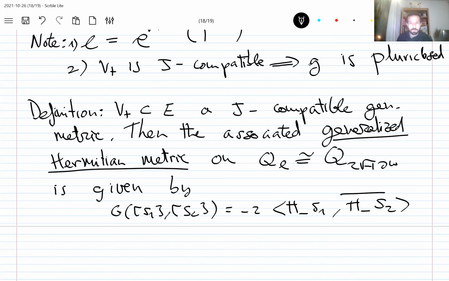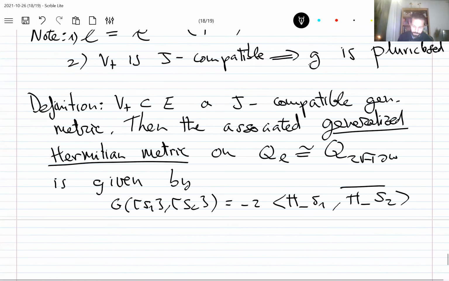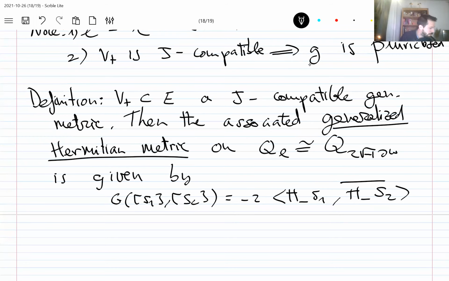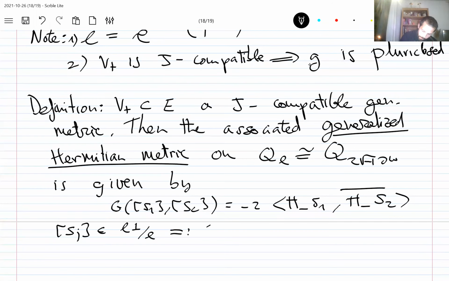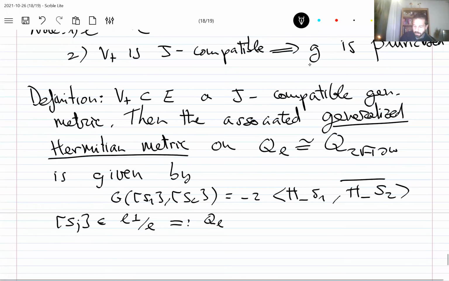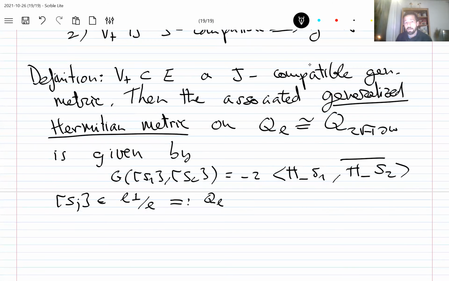So let me explain this. What do I mean? Here the S_j are in L perp quotient by L, which is by definition our Q_L. Let me be more explicit, and try to explain why this definition is natural, and then make it more explicit.